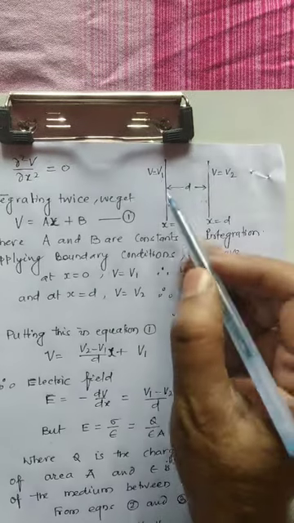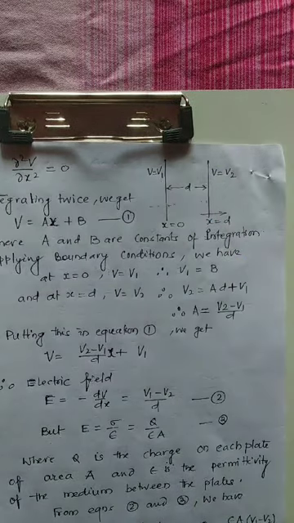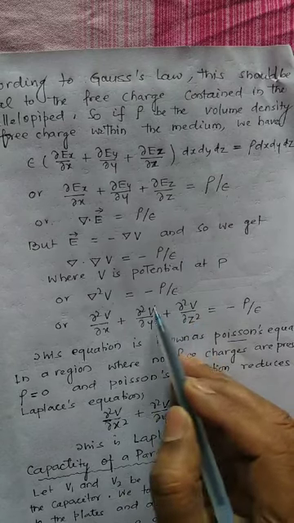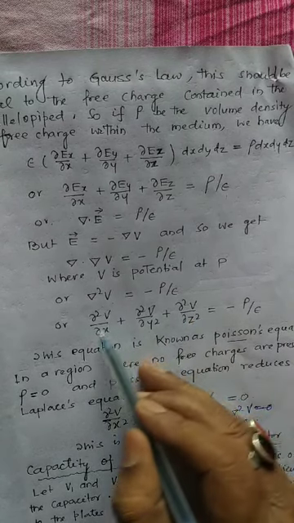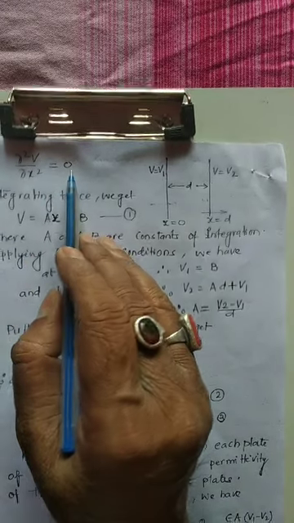Now, since potential is changing along the x-axis, it is not necessary to take all three terms. We drop them, so only this term remains: del 2V by del x square is equal to 0.